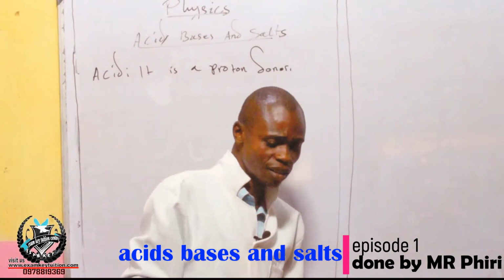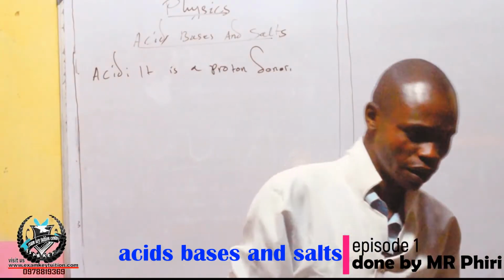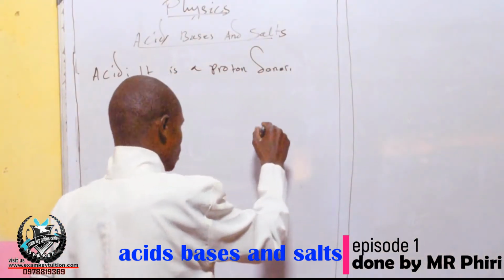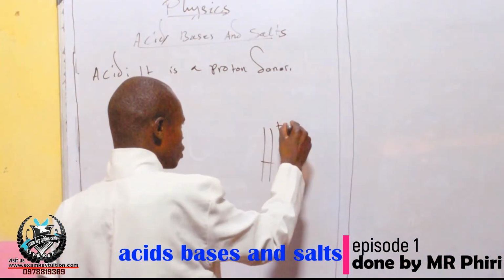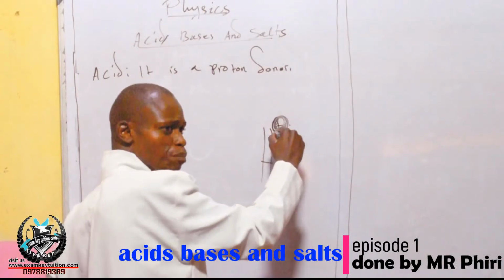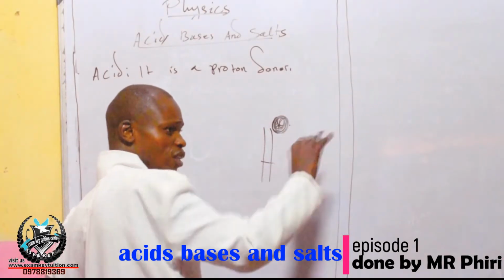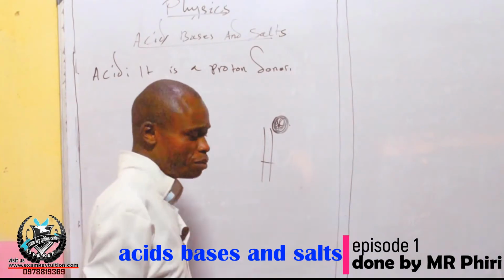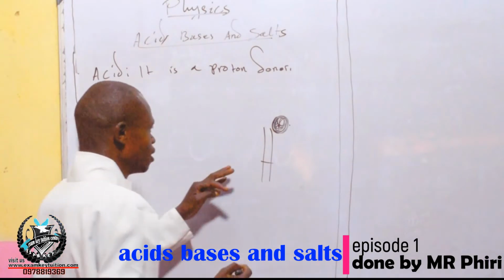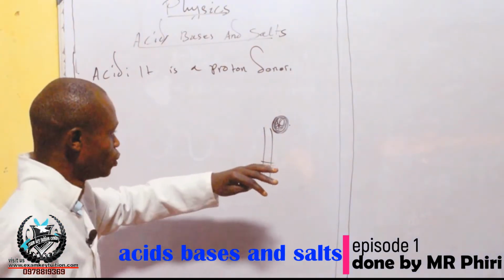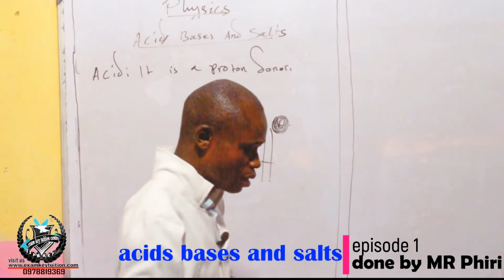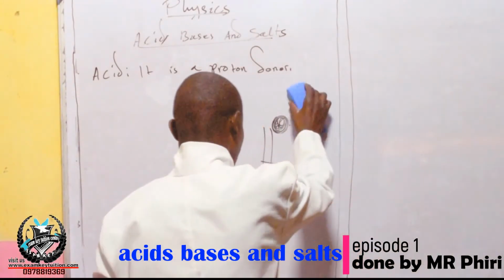So an acid is a proton donor, which means that acids will try to donate a positive charge to something else so that the salt can be produced. So we usually say that acids are proton donors in nature. That's the first definition for an acid.